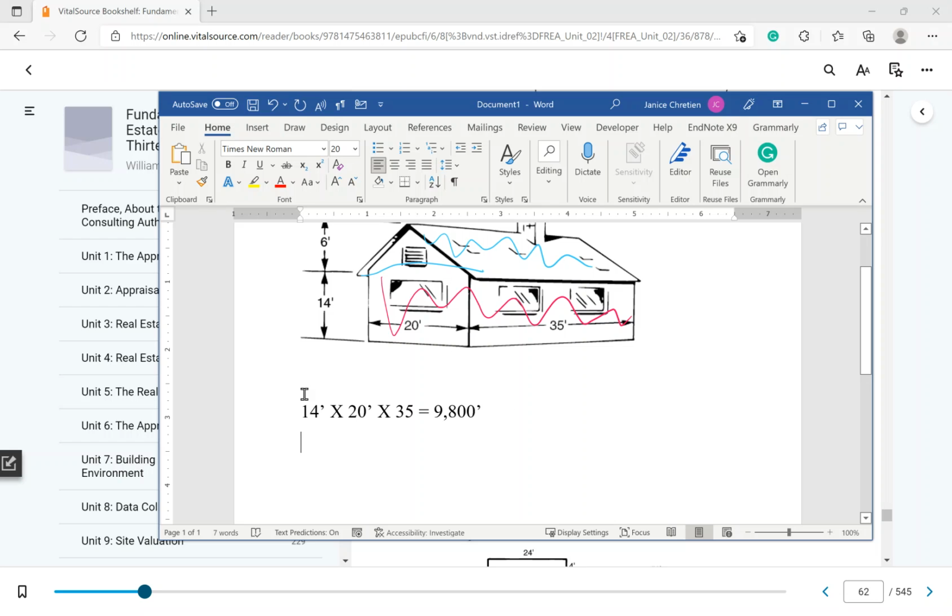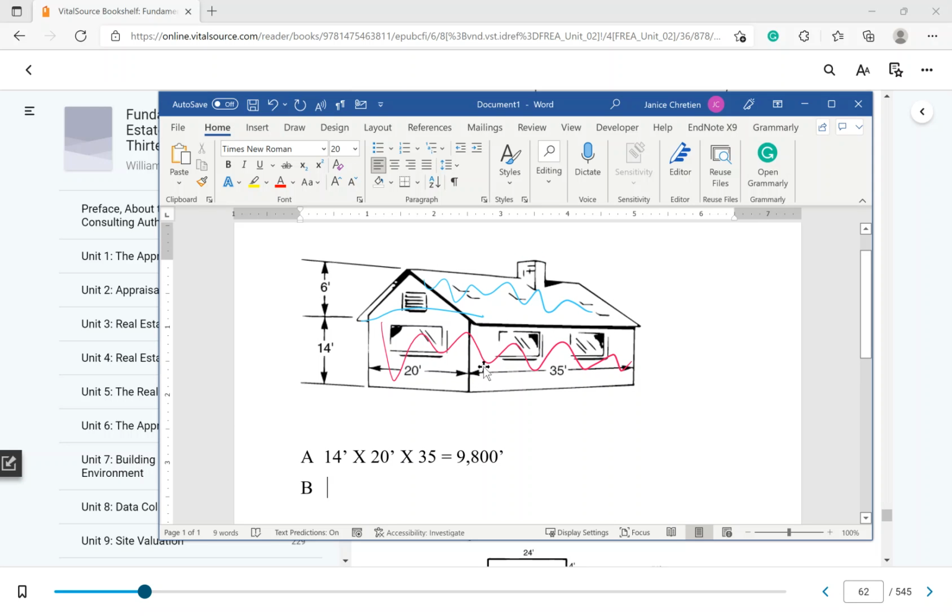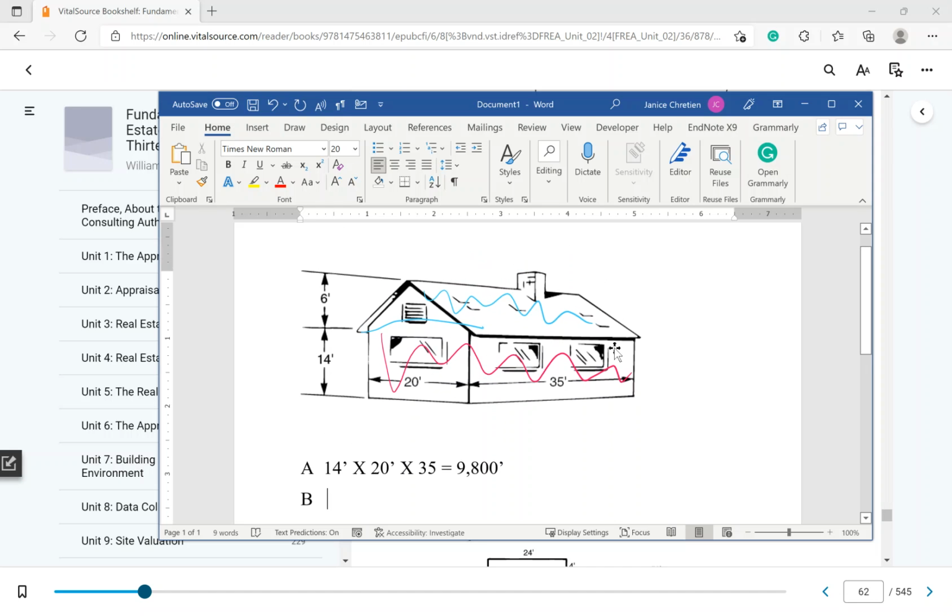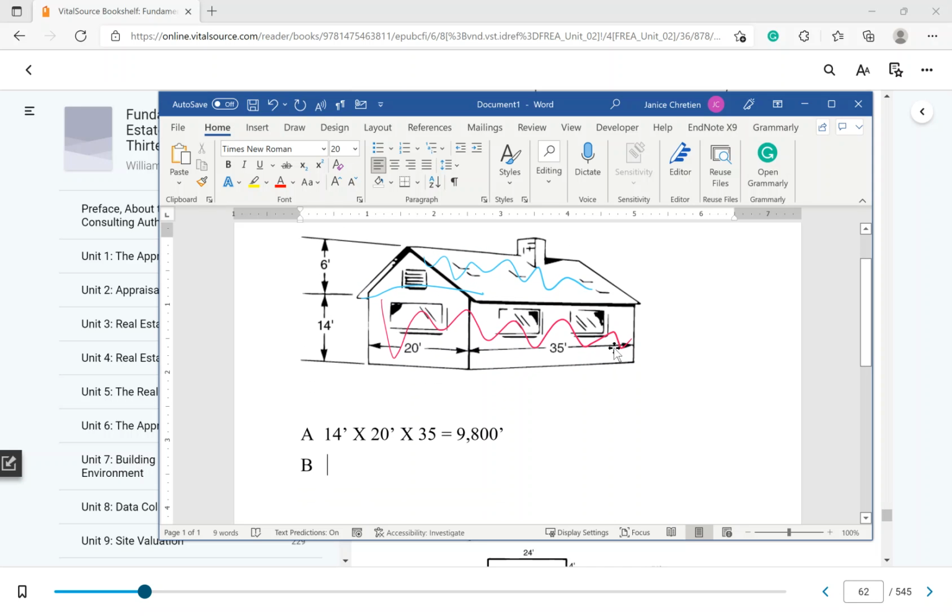Then, and we'll call this A and B like we did before, just to keep us organized. Then I've got my triangle. And for my triangle, it's going to be 1/2 of base times height, which is going to be my 35 and 20 and my 6.